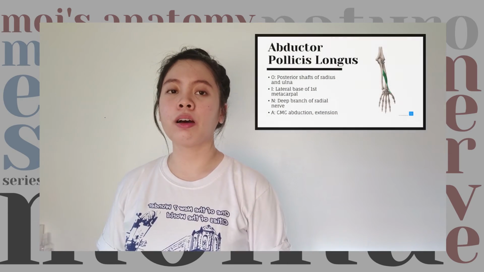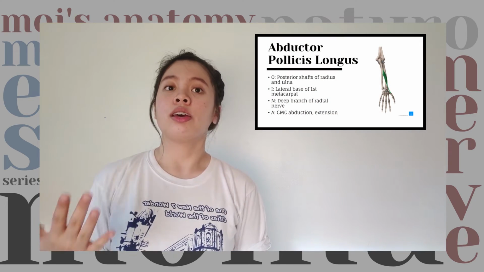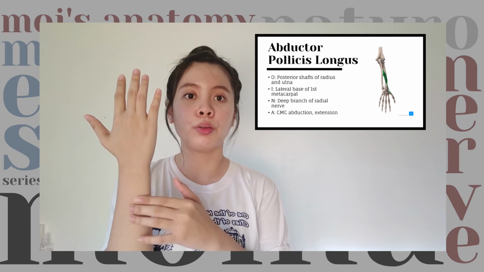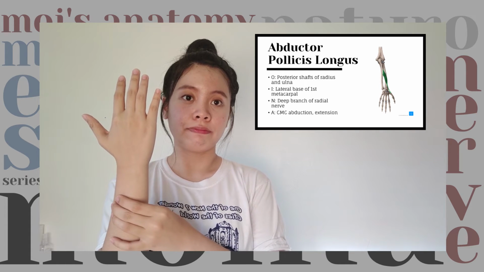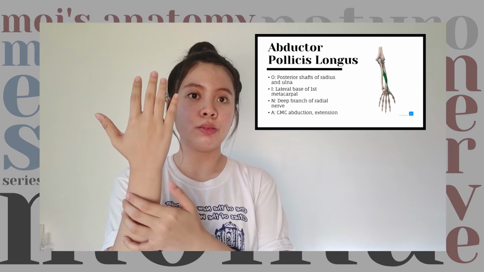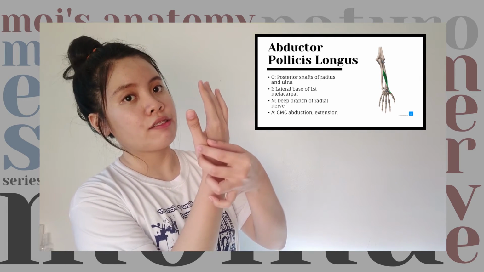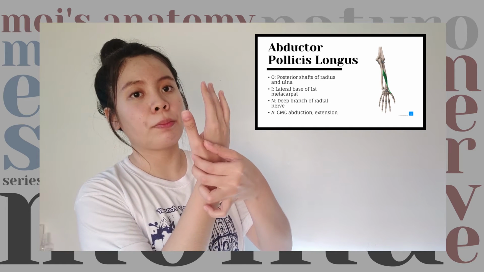So we have our abductor pollicis longus. So this muscle originates from the posterior shaft of our ulna and our radius, and it inserts to the lateral aspect of the first metacarpal bone.